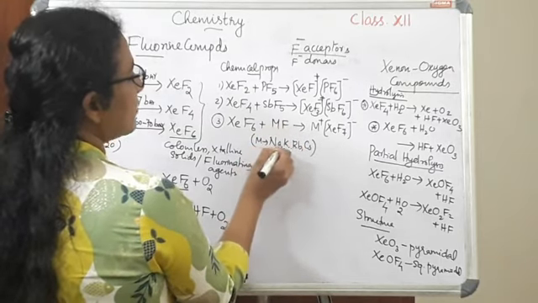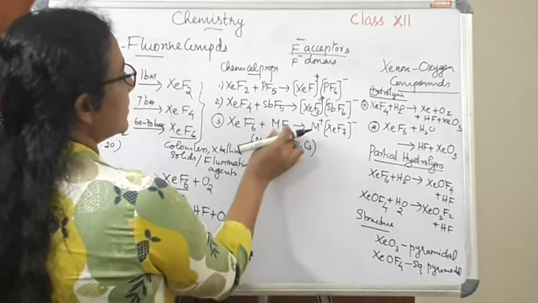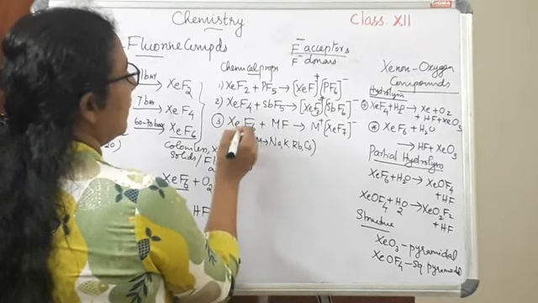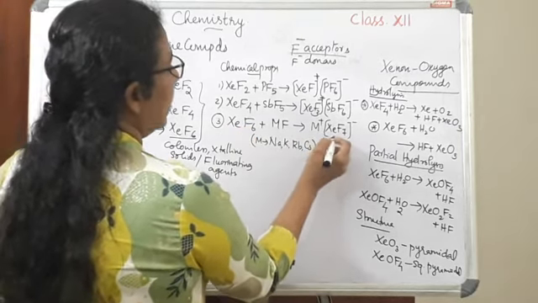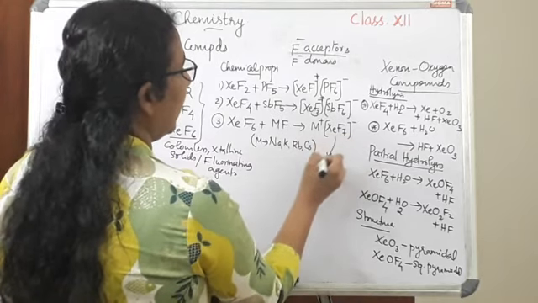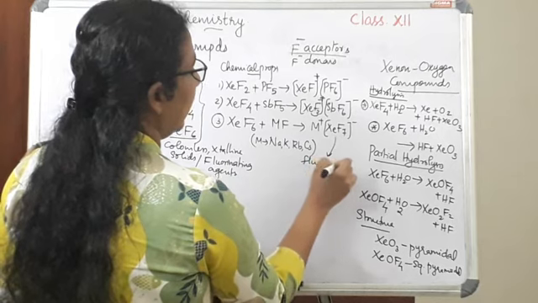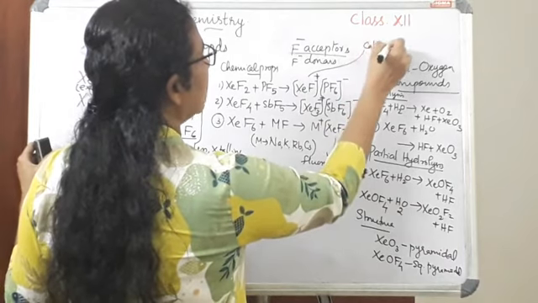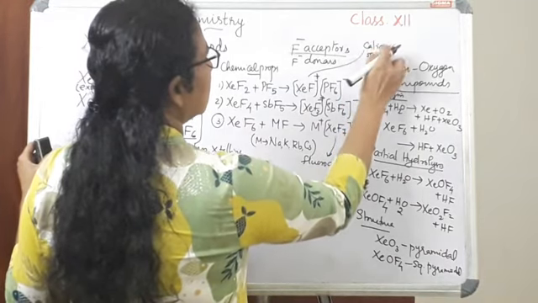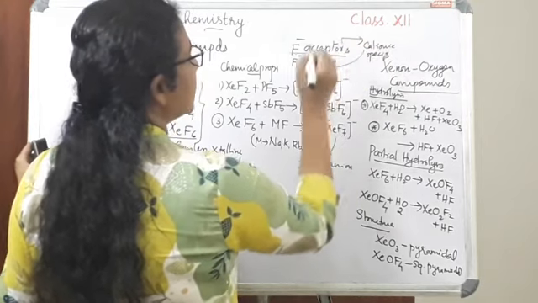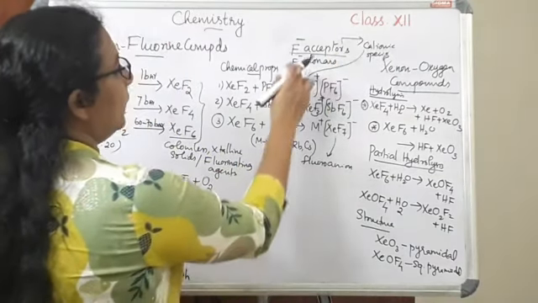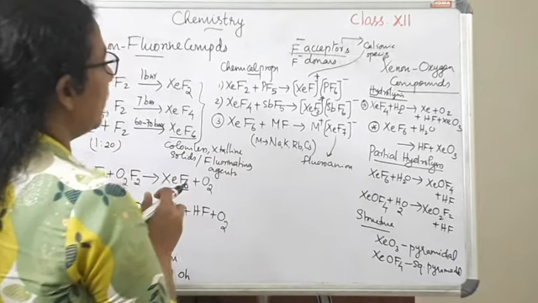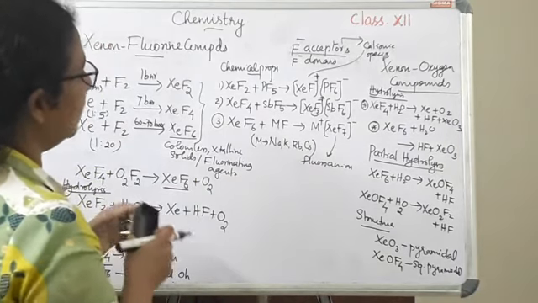Here M can be sodium, potassium, rubidium or cesium. Since it reacts with a xenon fluorine compound, it produces a fluoroanion. So with fluoride acceptors, cationic species are formed. With fluoride donors, fluoroanions are formed. So that is about the chemical properties of xenon fluorine compounds.